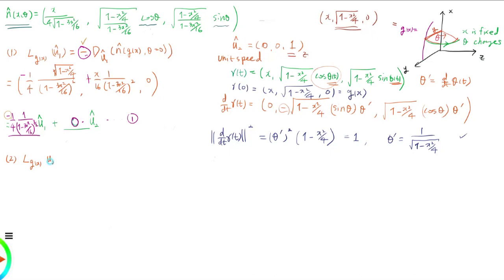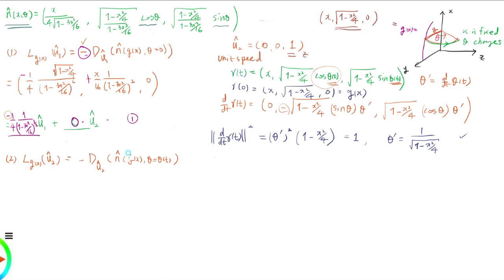So for the second case, shape operator on g of x to the direction u2, it's a minus of directional derivative of u2 of the unit speed unit normal vector field when theta is theta of t.